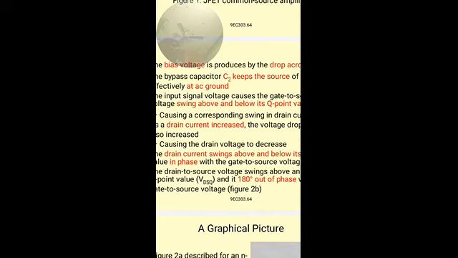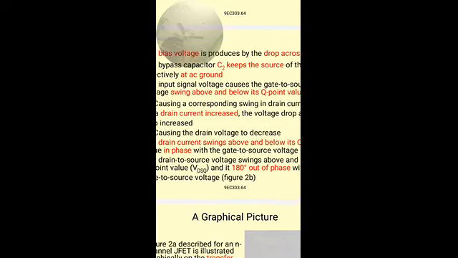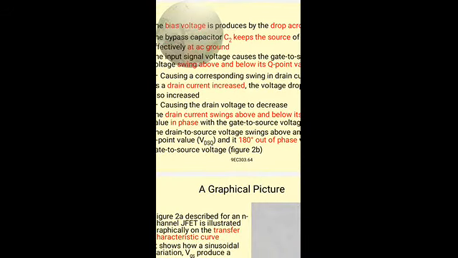With the swing in the gate to source voltage above and below its quiescent value, there is a change in the drain current. With the increase in the drain current, the voltage drop across the RD also increases.